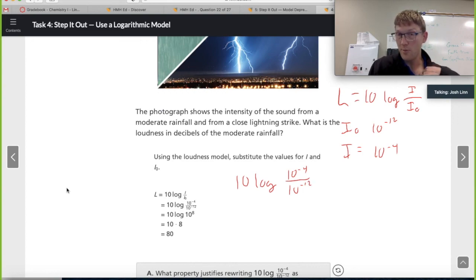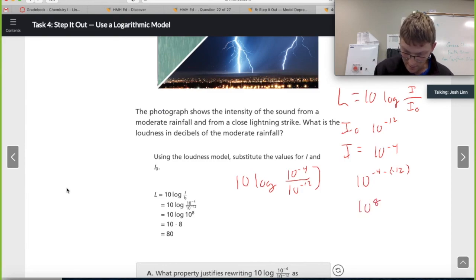As you know from our last section, you can simplify those two exponents as 10 to the negative 4 minus negative 12, which would be 10 to the 8th.